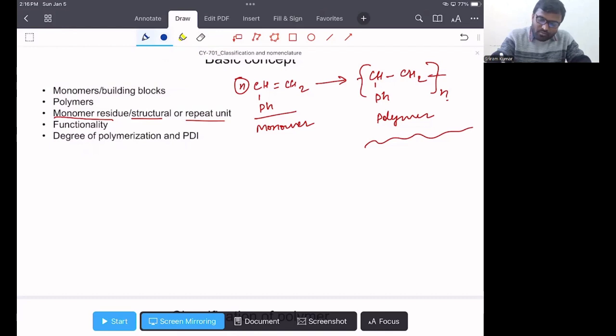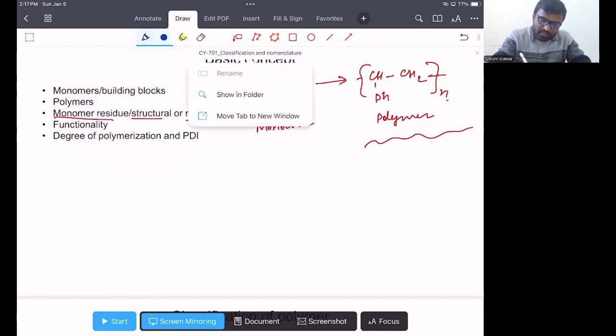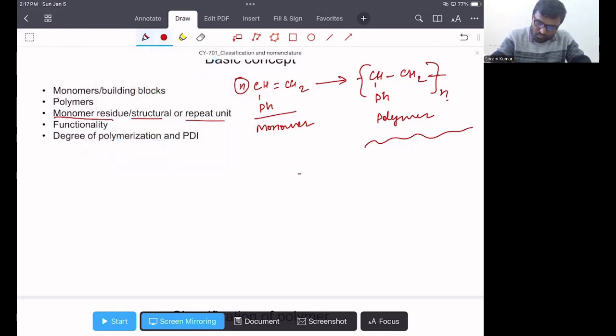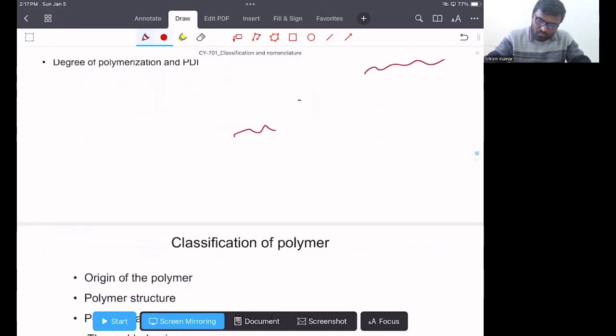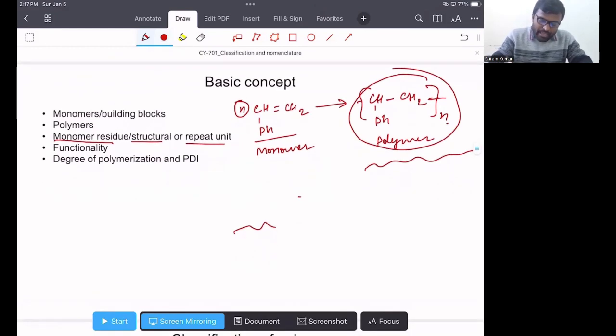So we have the repeat unit here, and this repeat unit is also called the structural unit or the monomer residue.